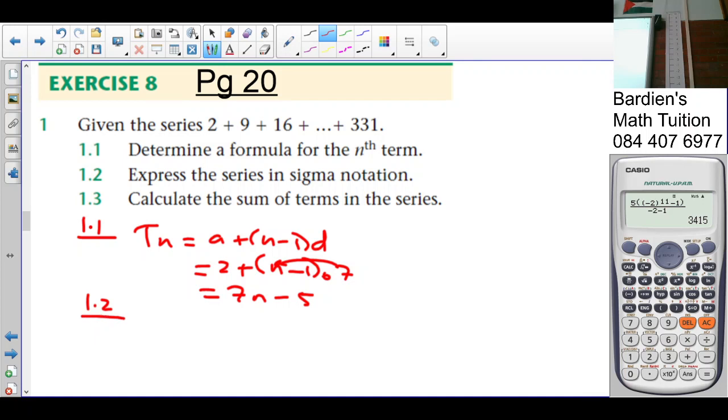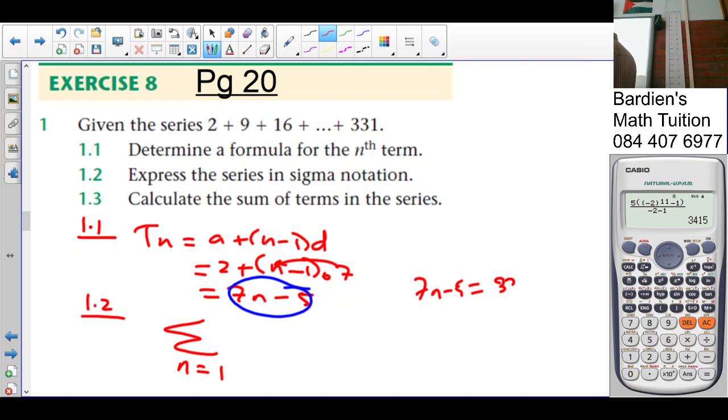1.2. Express the series in sigma notation. So your starting point is 1. Your ending point we will calculate by setting 7n minus 5 equal to the last term, which is 331.